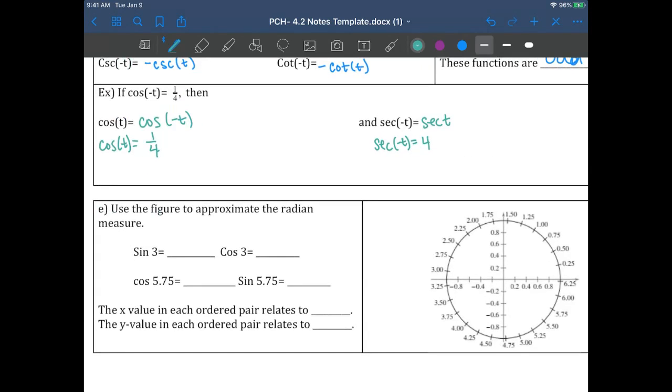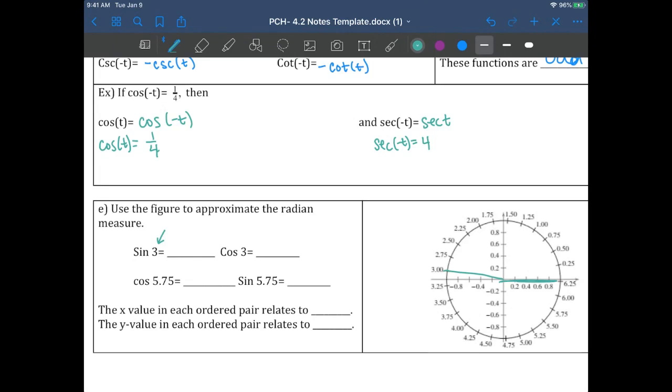All right, lastly, here's a little radian measure. We're going to look at the sine of 3 radians. So I'm going to look at the circle, opening up to 3 right here. So I have an angle that moves from our x-axis to 3.